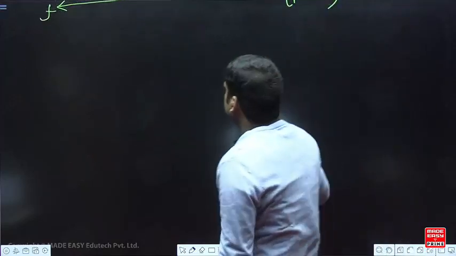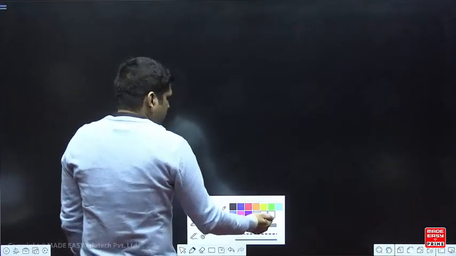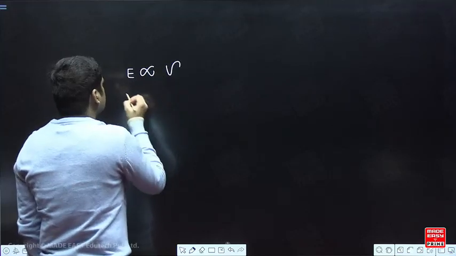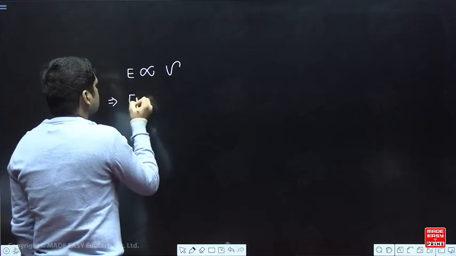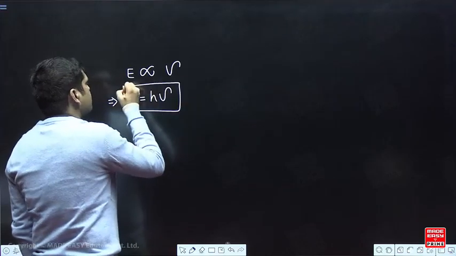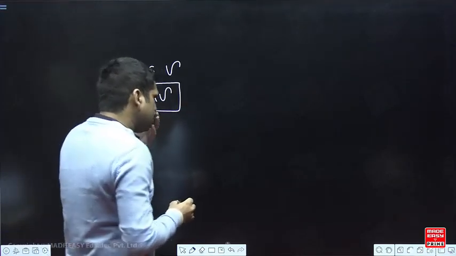Let us see, E is directly proportional to nu. So here you would be getting E is equal to h nu, where h is proportionality constant.